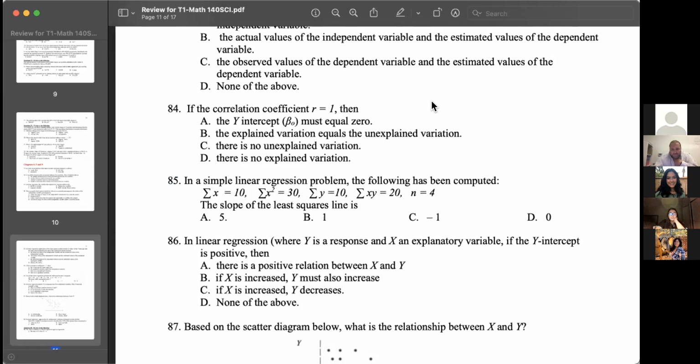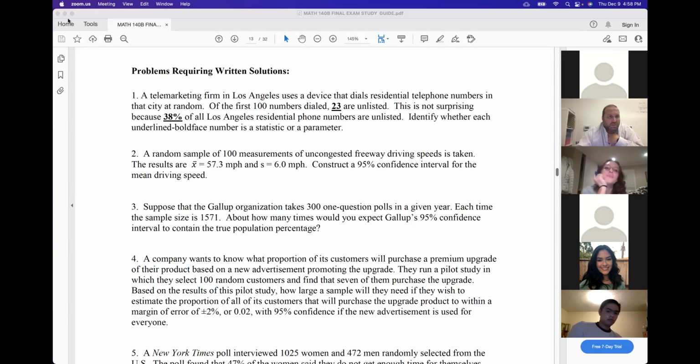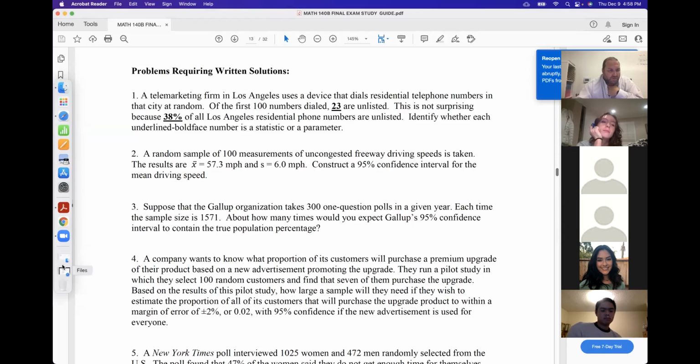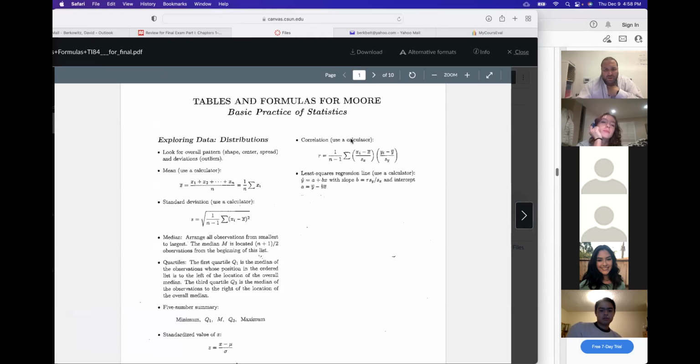Okay, I'm going to share my screen for a split second, so can you unshare for just a second. Okay, in the tables right here, you have this. This is the formula for the correlation.